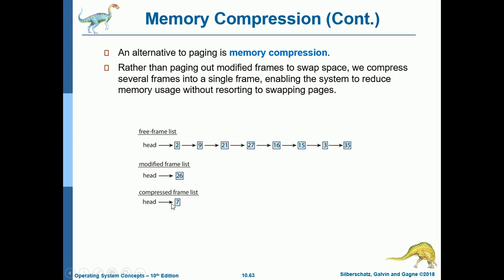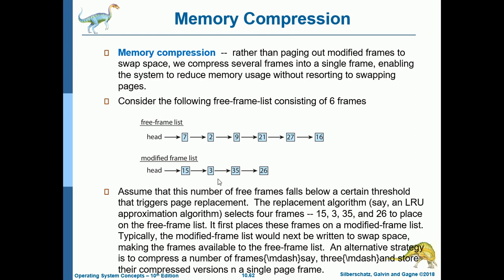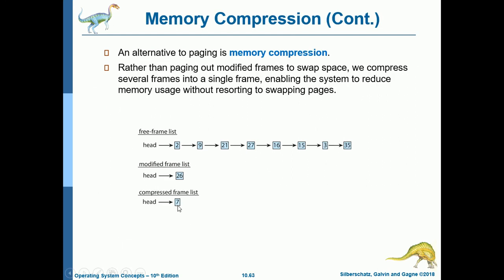They are already in frame number 7. So that's why you do not need to swap the pages out. You can already access them here in the compressed frame list.